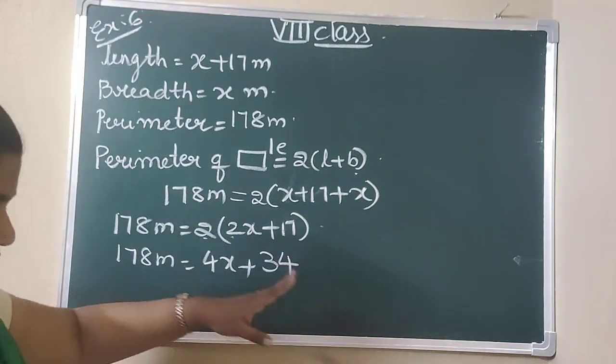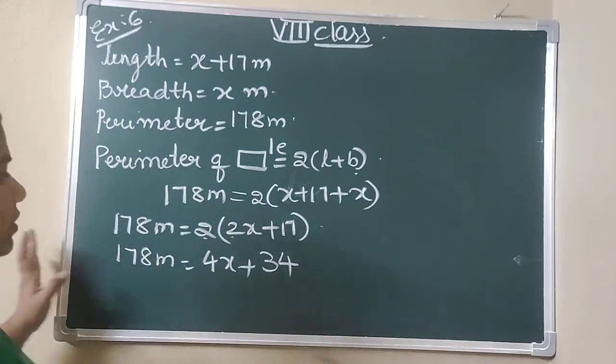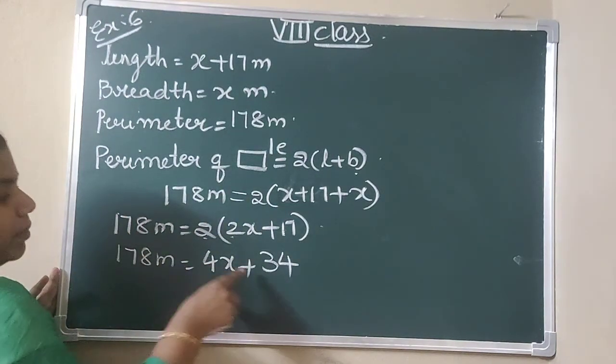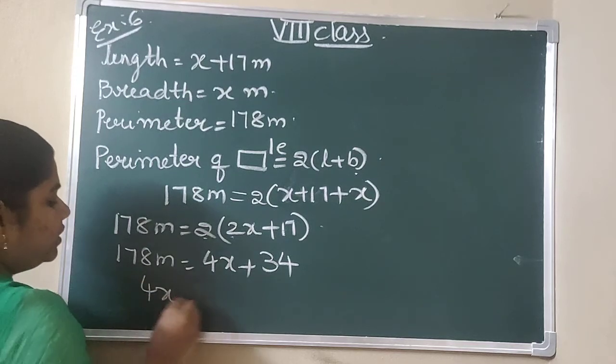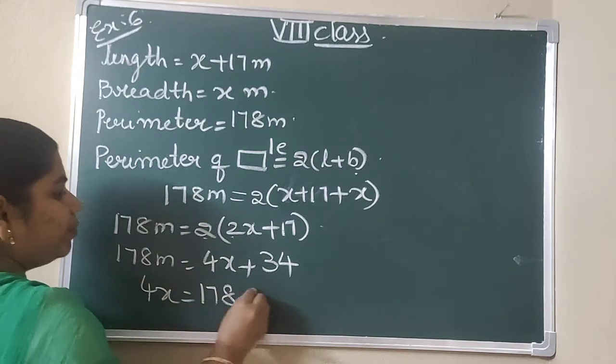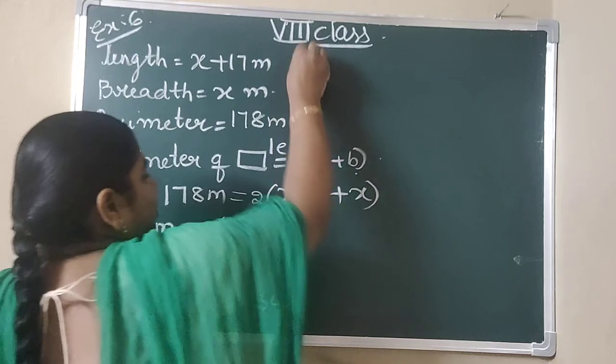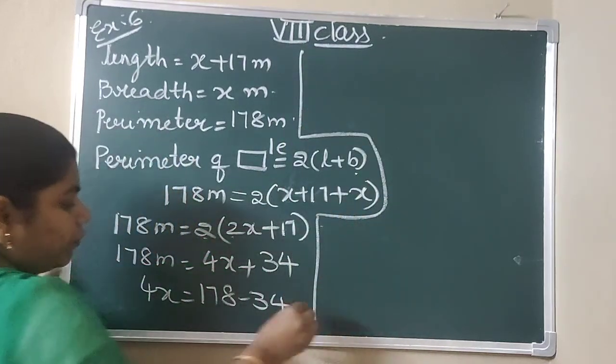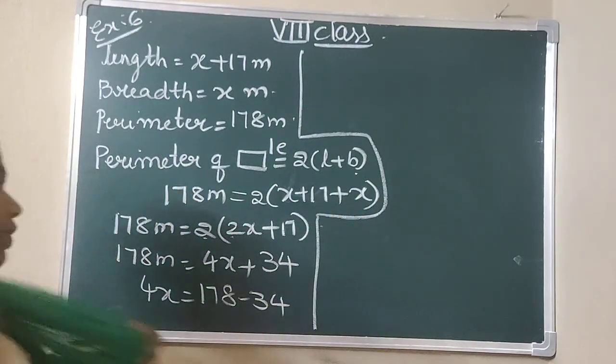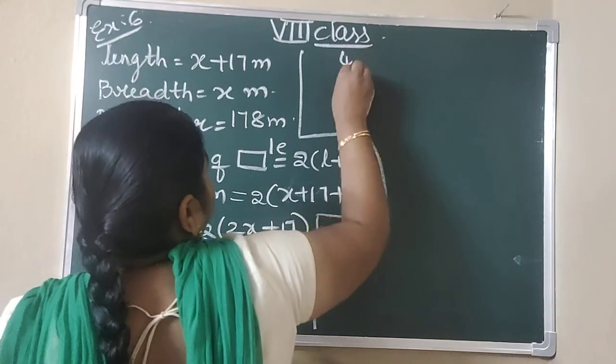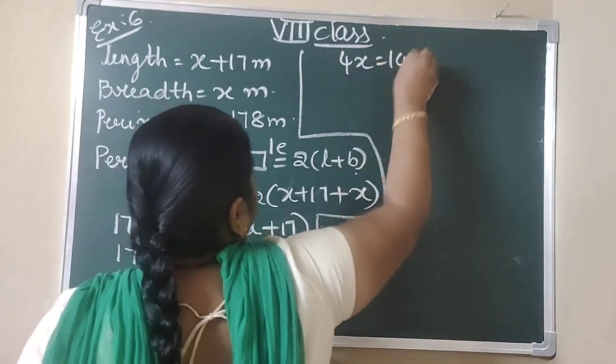Now we can transpose this 34 to the other side, and it becomes subtraction because it is an addition value. So 4x is equal to 178 minus 34. If you subtract 34 from 178, that will be 144. So 4x is equal to 144.